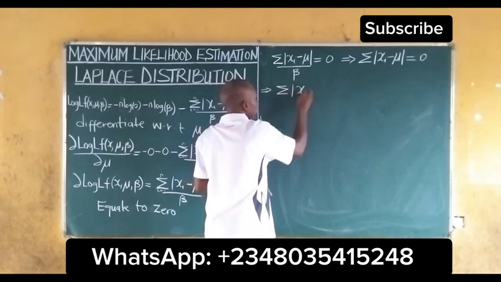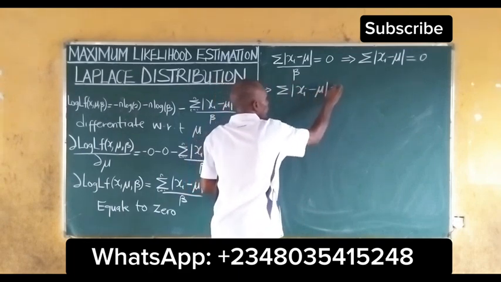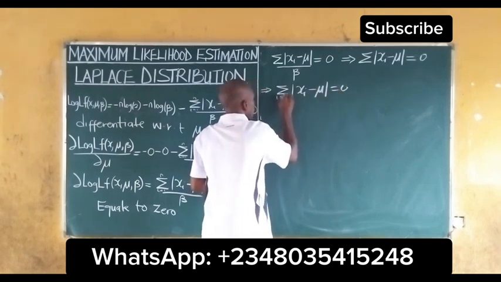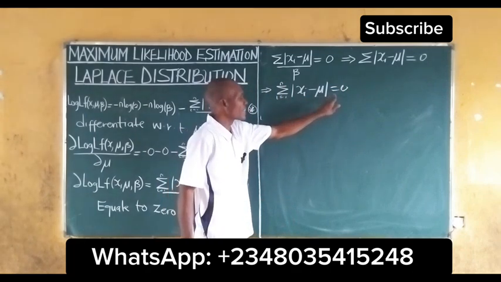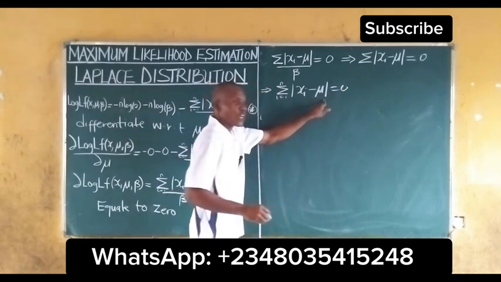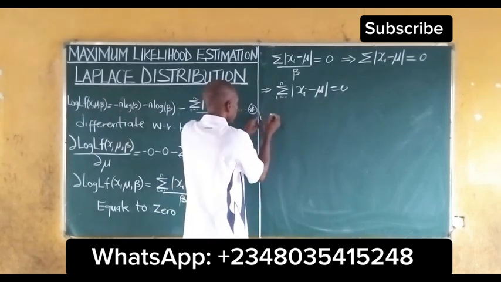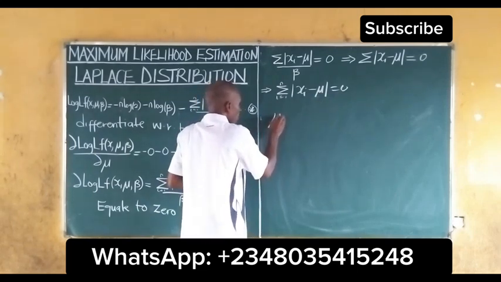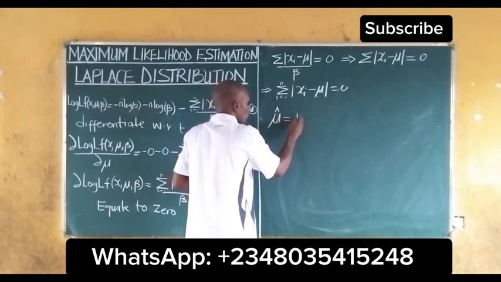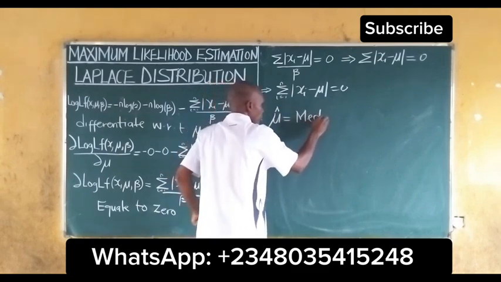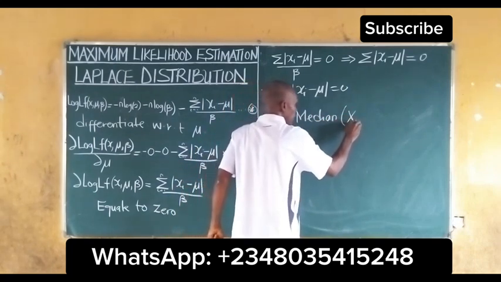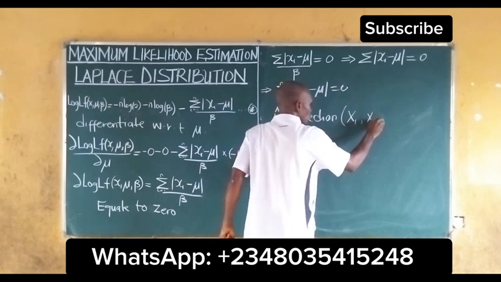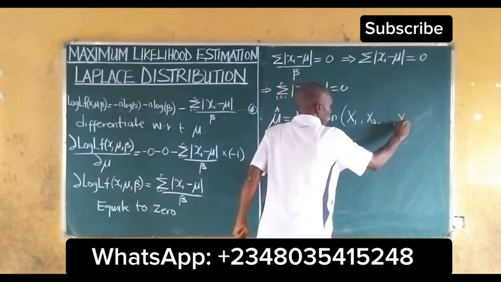This equation is satisfied when the mu estimate is equal to the median of x1, x2 to xn.